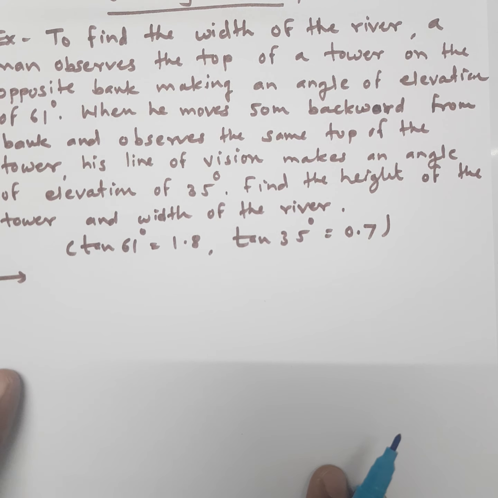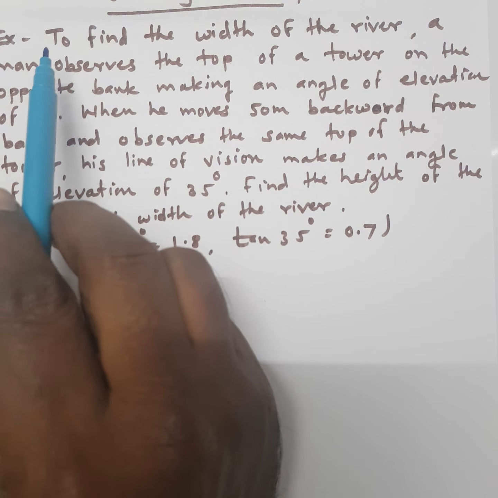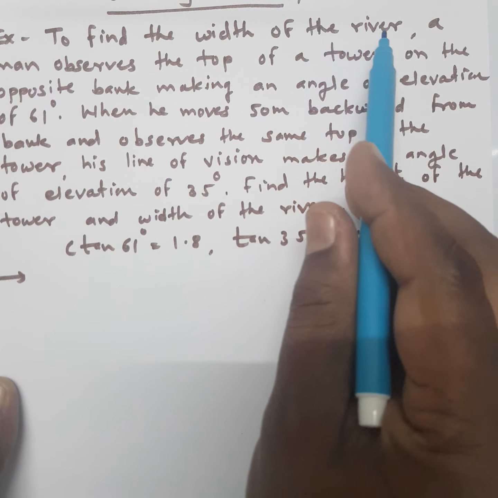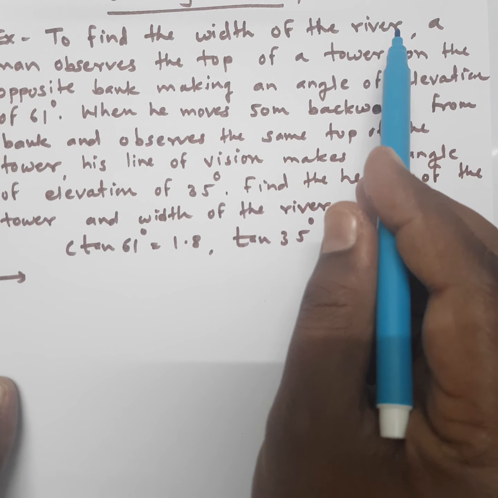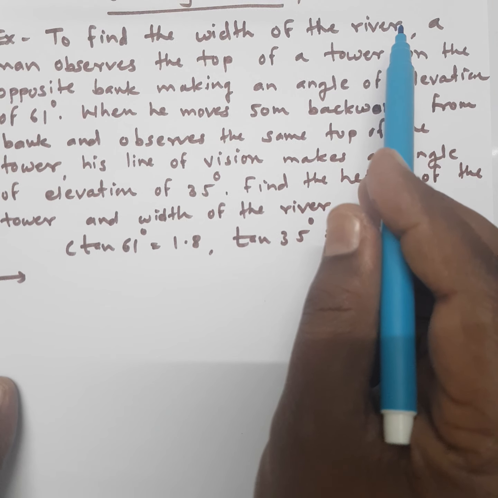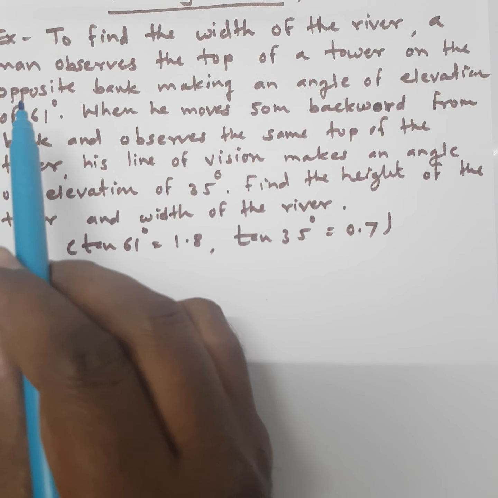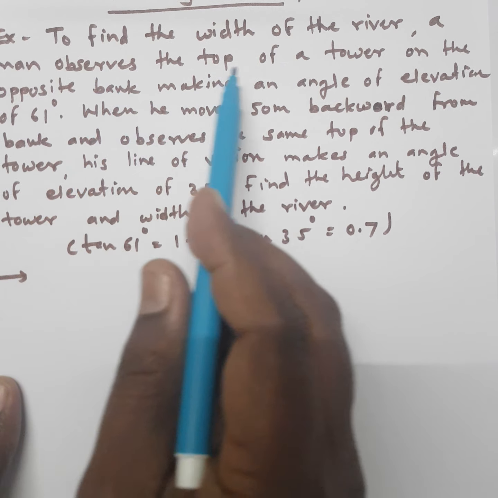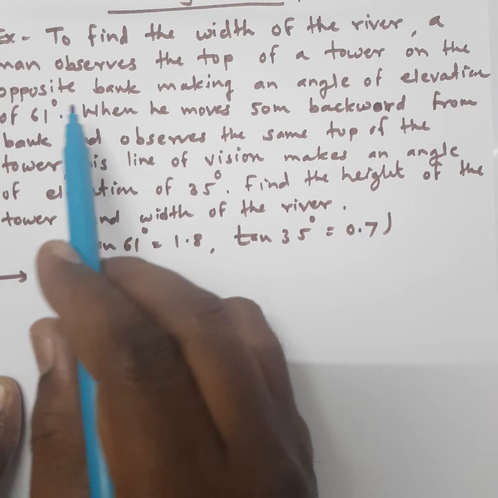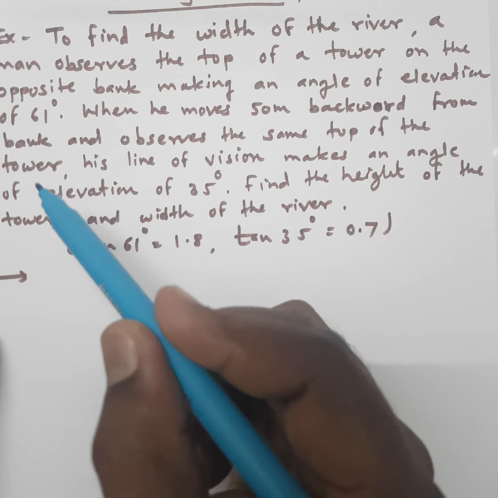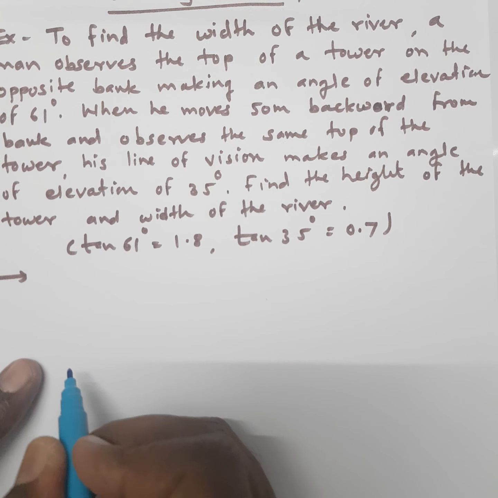First, see the first sentence of the example. To find the width of the river means his aim is to find the width of the river. The man observed the top of the tower on the opposite bank making an angle of elevation 61 degree.